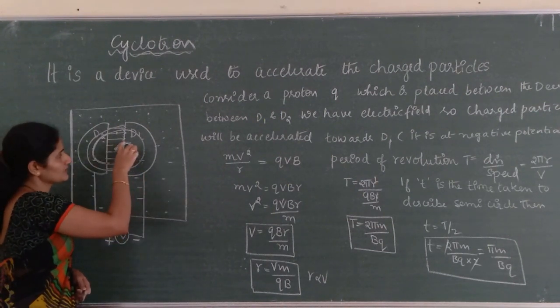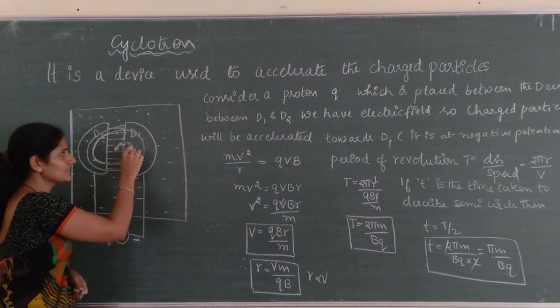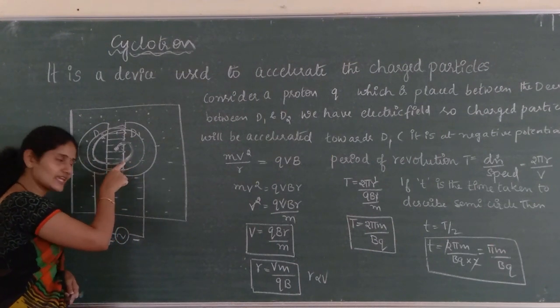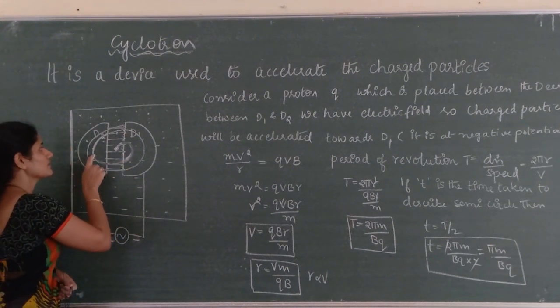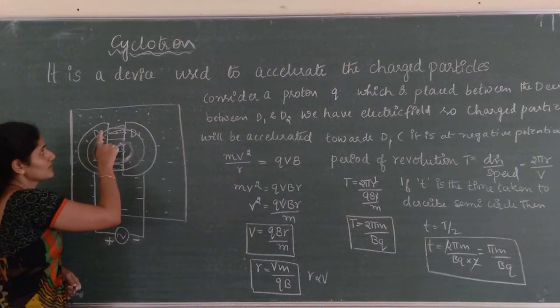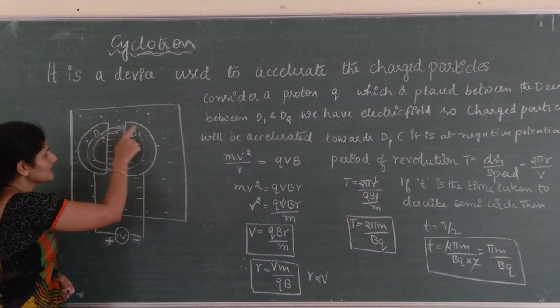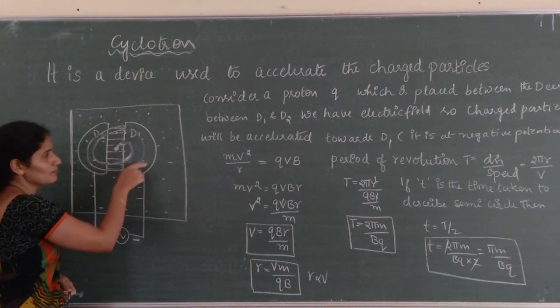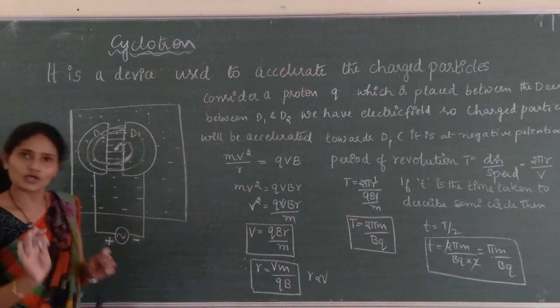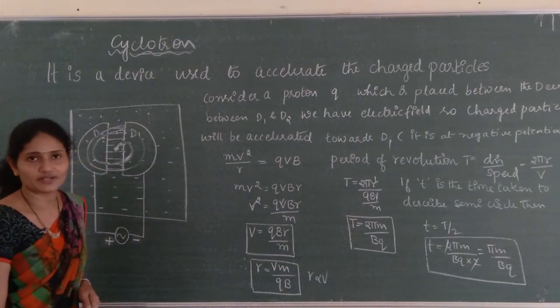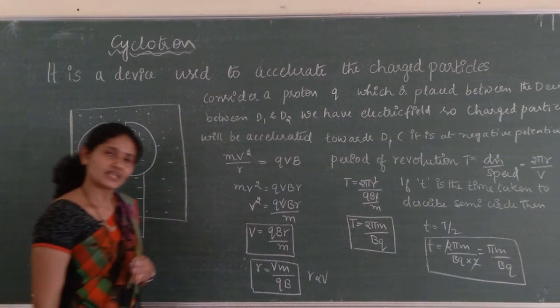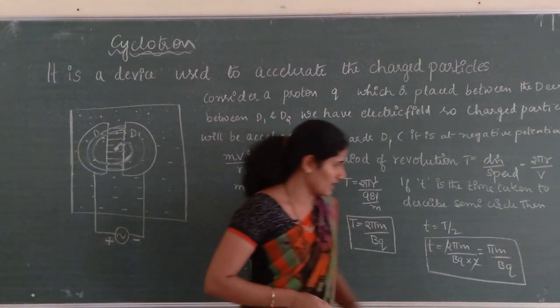So, the time taken by the charged particle to complete this semicircle is the same for this semicircle. In every case, the time taken to complete the semicircle is constant, because T is independent of velocity and radius. T depends on mass.